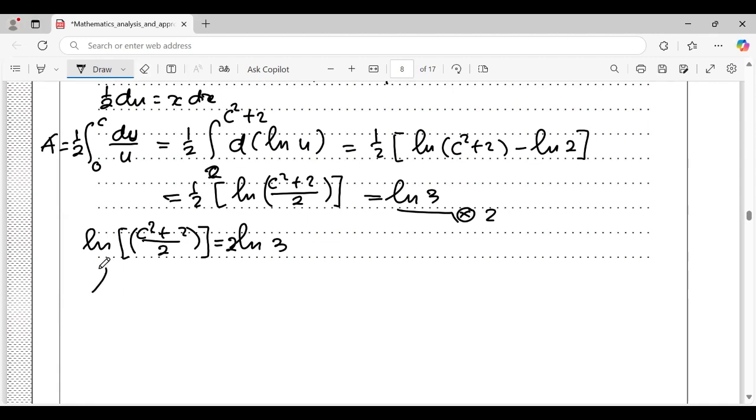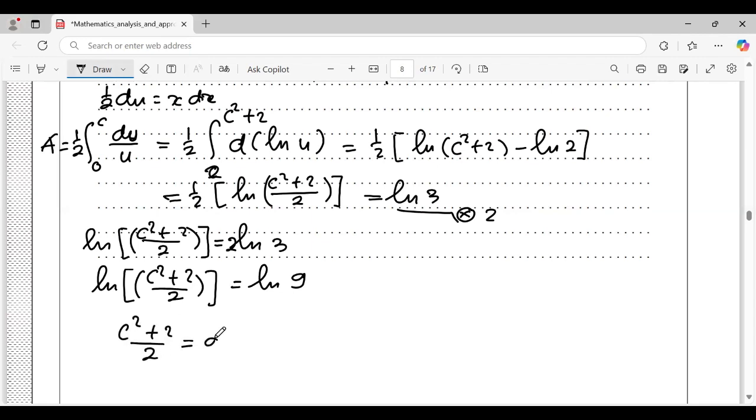And 2 ln 3 becomes ln 3 squared according to the ln rule. Ln 3 squared or ln 9. So it means we can state that (c squared plus 2)/2 equal 9.